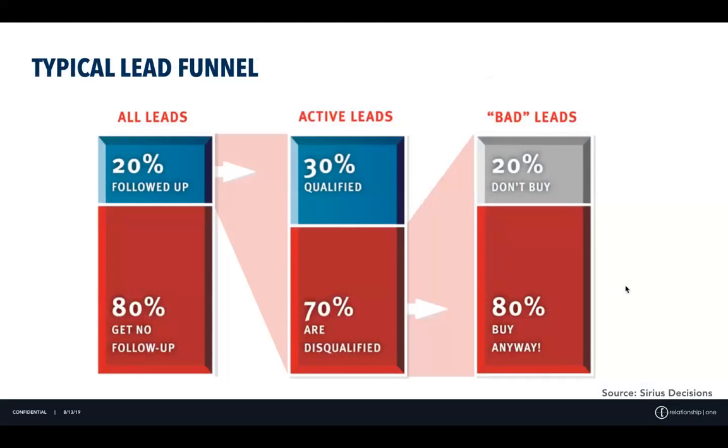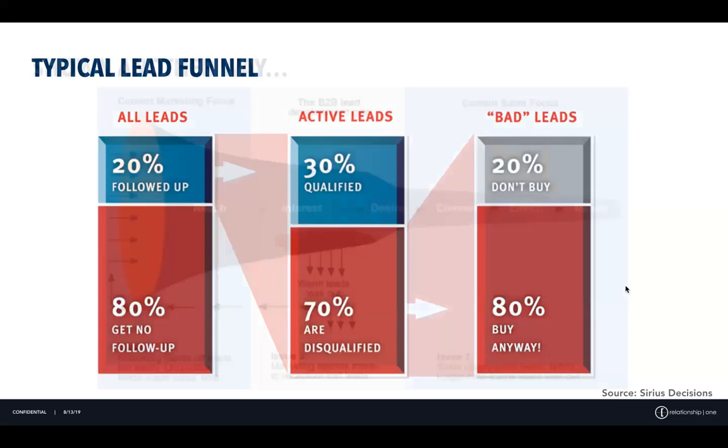But what's really interesting is that 80% of that 70% buy anyway, either from you or from your competitor. So imagine if we were nurturing that other 80% that are not getting any kind of follow-up. How we can actually increase our closed-won purchases.